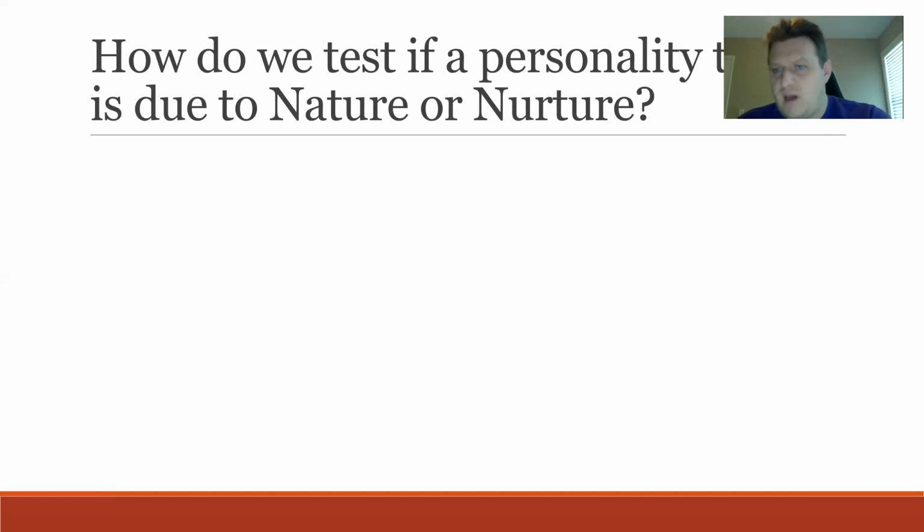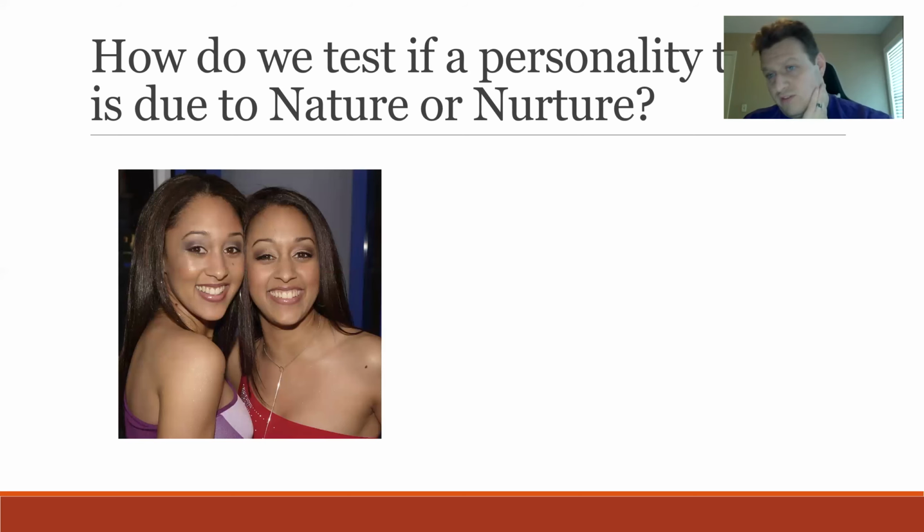Now, psychologists and behavioral geneticists are going to rely on a natural experiment, an experiment that nature has created haphazardly. All right, with twin studies, we're looking at the difference between identical twins and fraternal twins. Identical twins, sometimes referred to as monozygotic twins, these are twins that share approximately 100% of their same DNA.